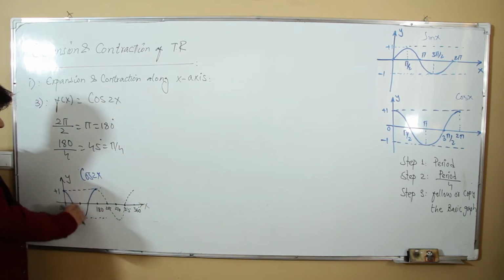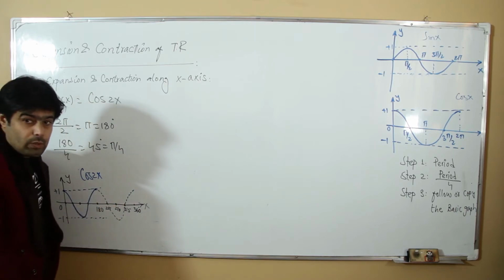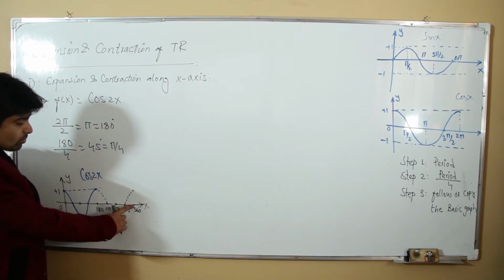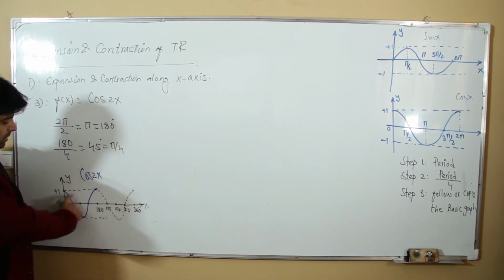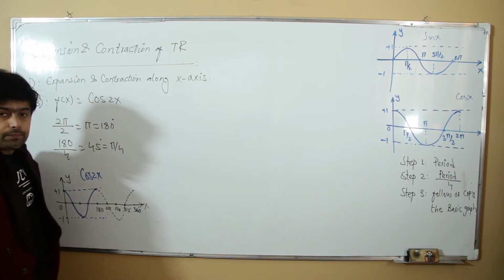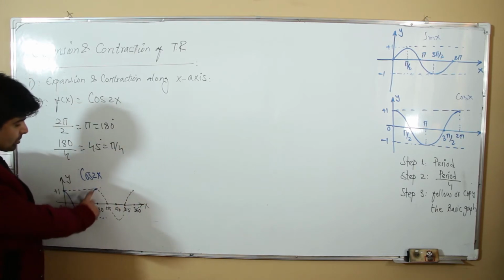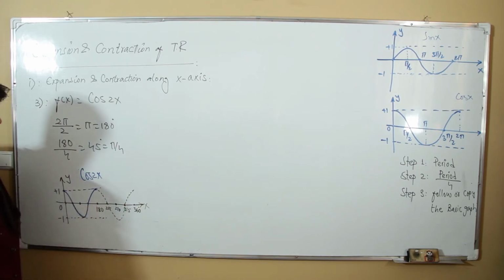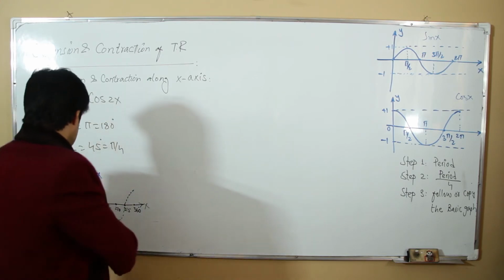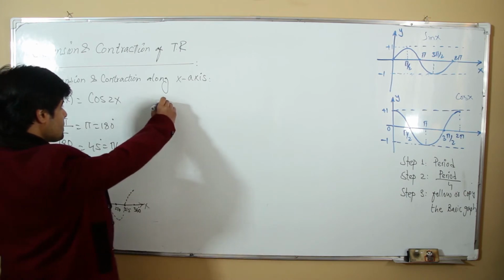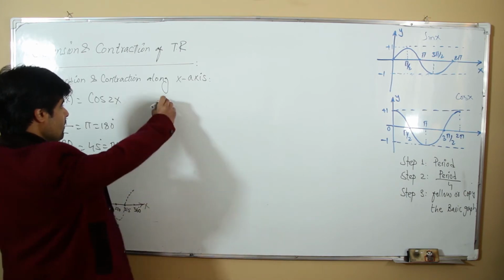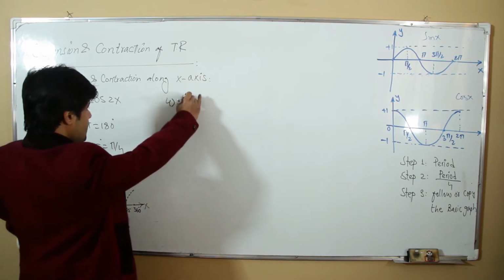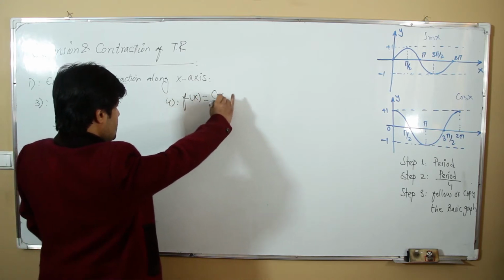It means how many graphs of the cosine x we have from 0 to 360, and cosine 2x we have 2 graphs. It repeats 2 times. It means its period is 180.